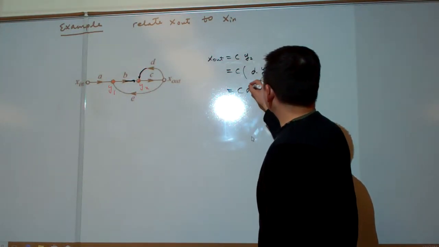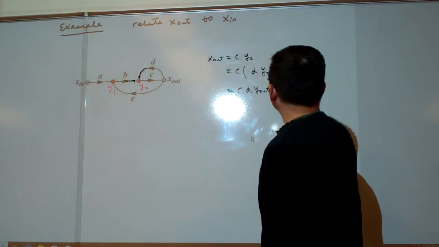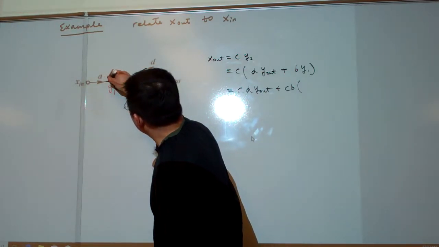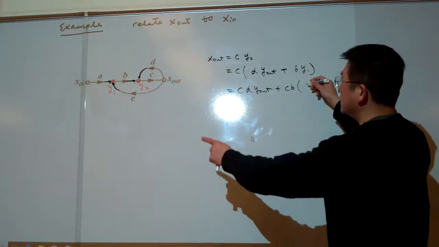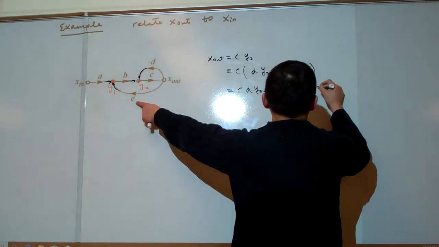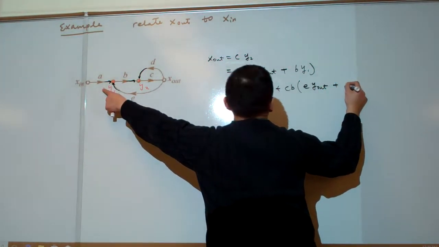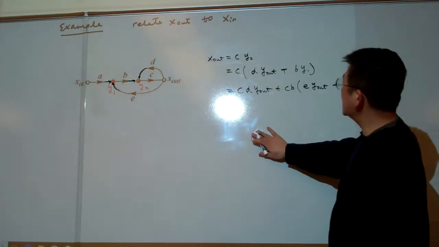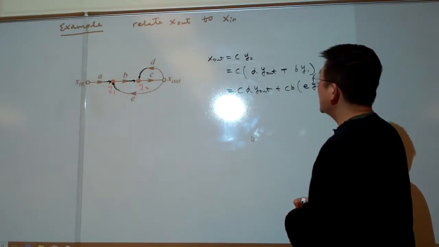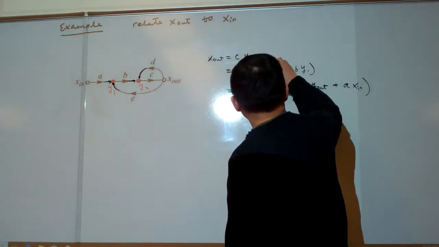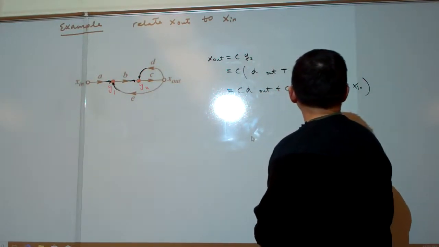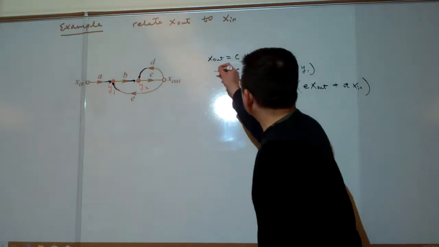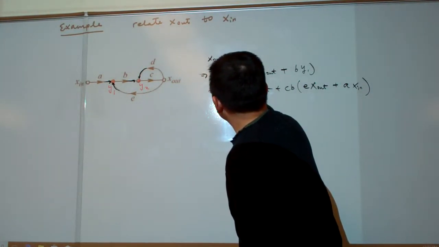So C D Y out plus CB times Y1. What is Y1? Y1 comes from here and from there. So Y1, the first one coming from here is D times Y out plus A times X in. Okay, so that means here, the X out, not Y out. So from here, therefore X out, X out.